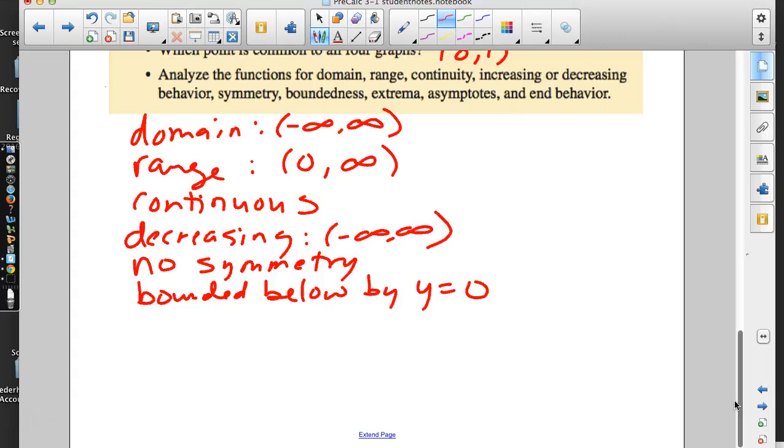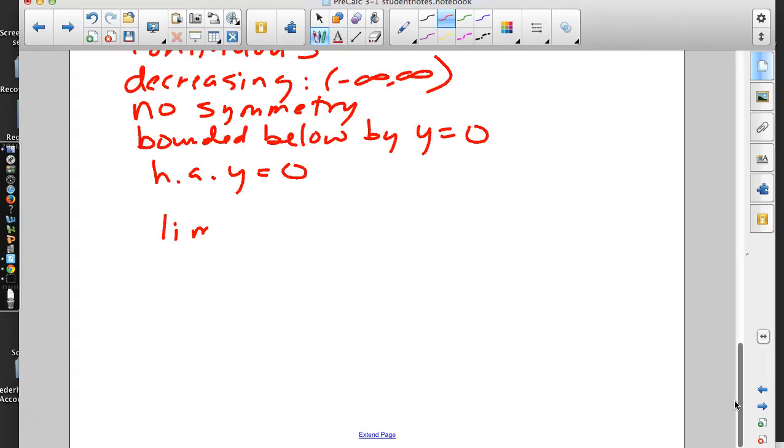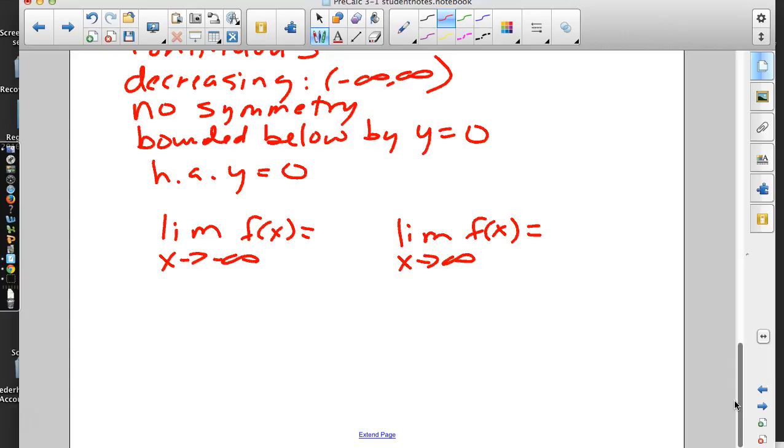Extrema. Local max, local min? Okay. Asymptotes, just said one. Any more? Just a horizontal asymptote? All right. And end behavior. As you go to the left forever. Infinity is going up as we go to the left. How about as we go to the right forever? That's our 0. Closer and closer to 0 over there.